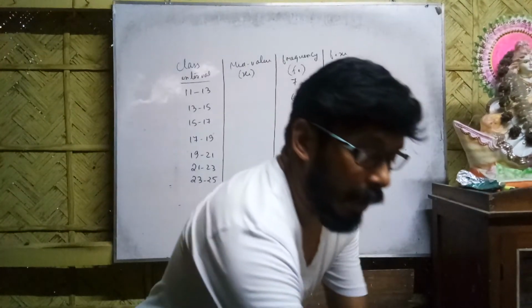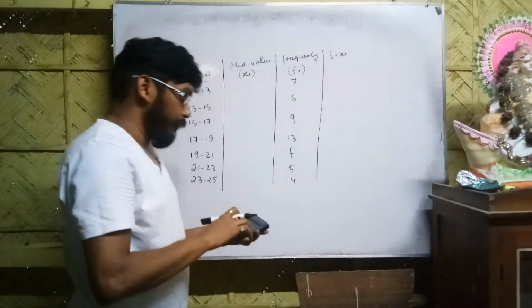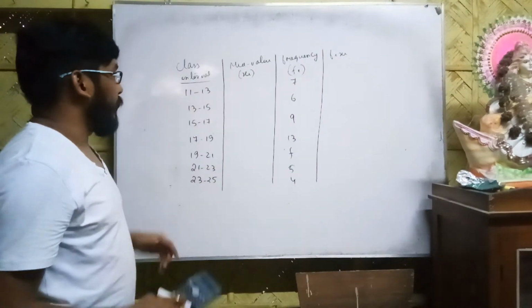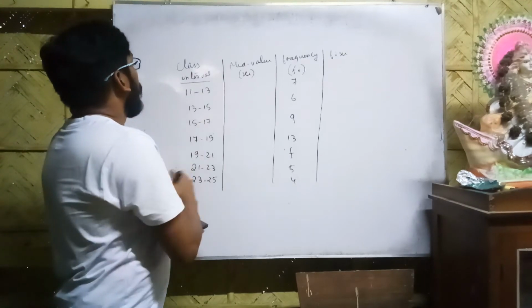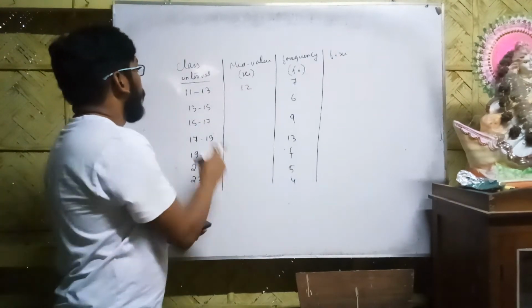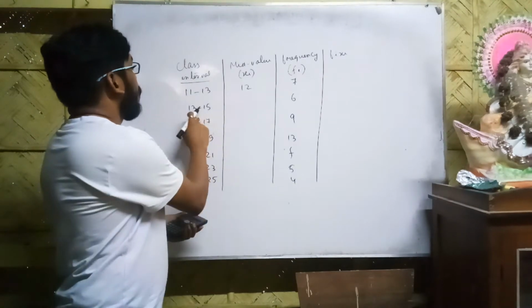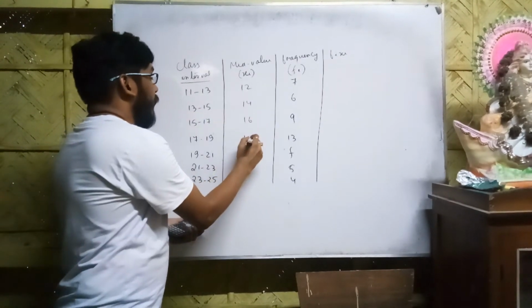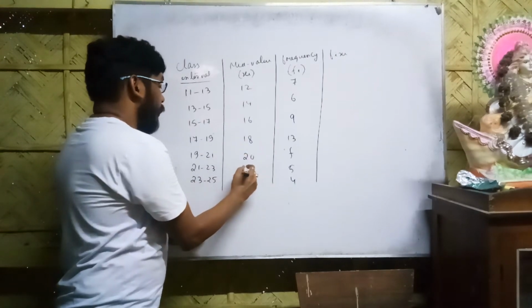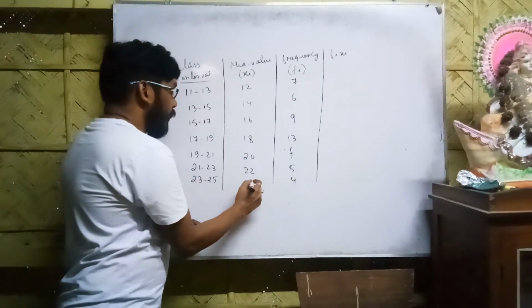I have already said how to find out the mean. The way to find out mid value is lower limit plus upper limit divided by 2. So here it is how much? 11 plus 13, 24. So 24 divided by 2 is 12. Here it is 28 by 2, 14. Next it will be 16, then 18, 20, 22, 24.